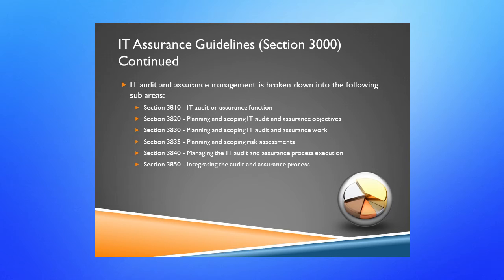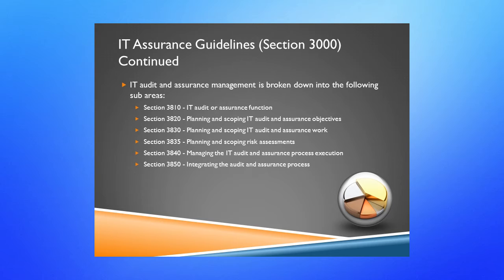Notice we're breaking down all of these little things, right? Objectives, the work that we're going to do. Next one is the planning and scoping risk assessments. That was section 3835. We have more guidelines, believe it or not, it's a few more. 3840, managing the IT audit and assurance process execution. And the next one is 3850, the integrating of the audit and assurance process together. Again, remember, these are guidelines, and we're looking at them now from the audit and assurance management areas.